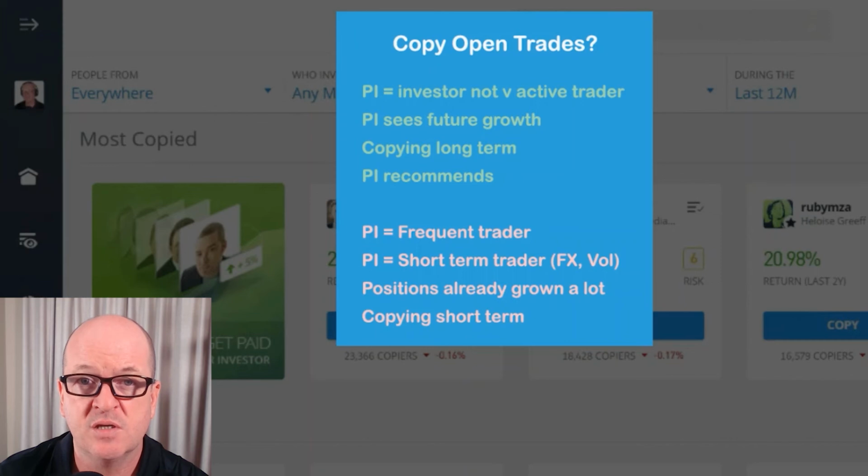If you see positions that have grown hugely in the portfolio and you don't want to risk buying them at today's prices, in case the PI sells at what will be a loss to you. And if you're only copying short-term, maybe you don't want all the spread fees, you just want to back a PI's next few trades for a short time only. That's how some people operate.